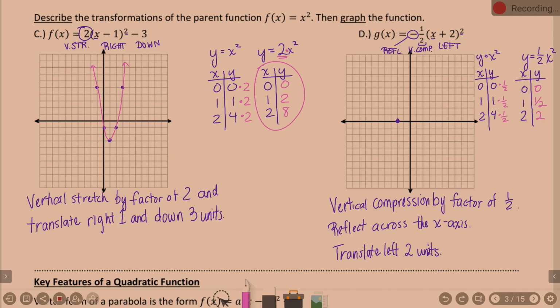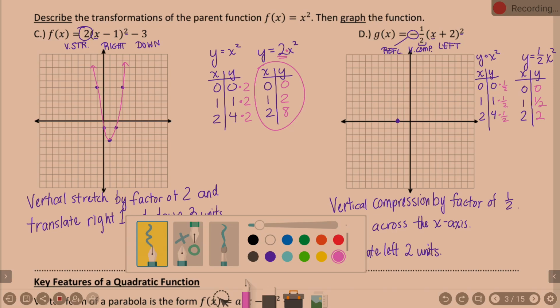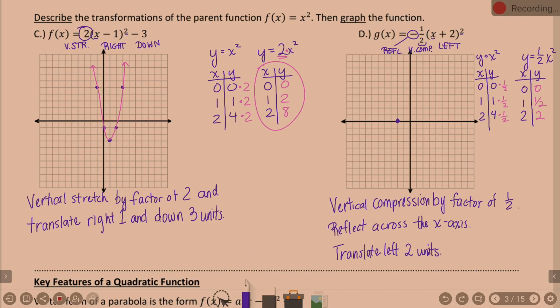Now, are you okay with graphing a decimal? Not our favorite by any means, is it? Could you come up with another point if you wanted to? You could.